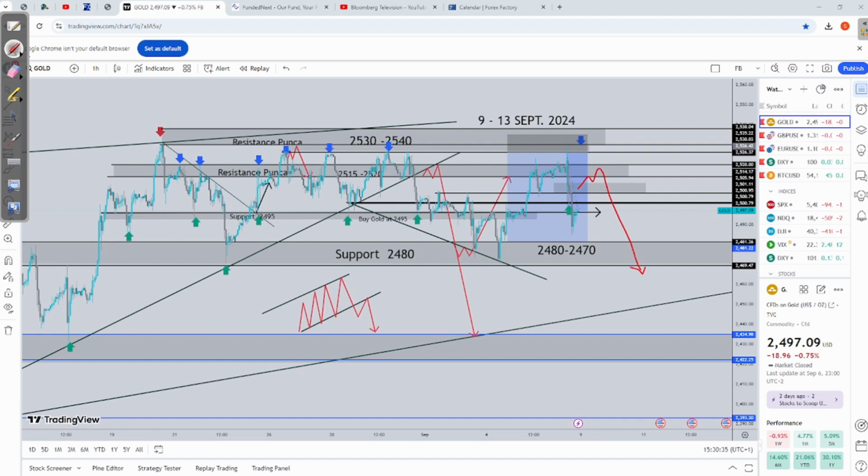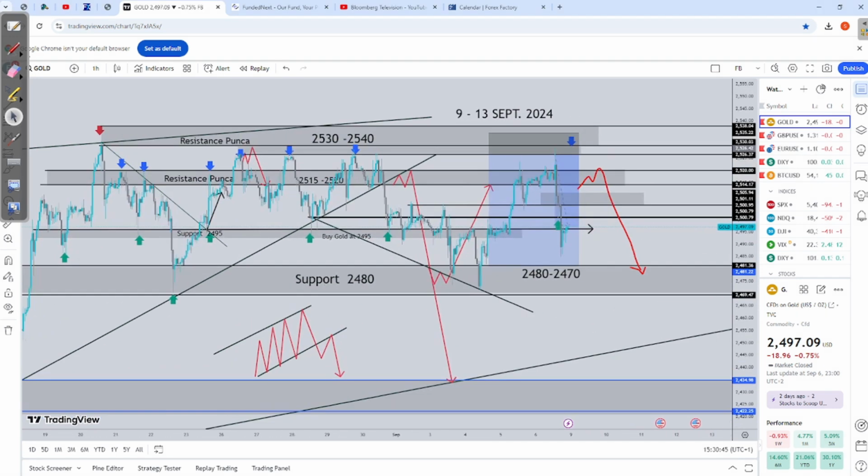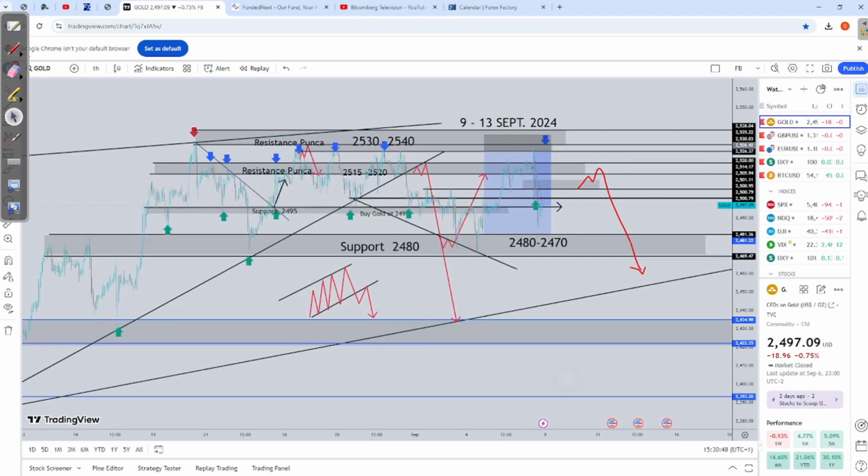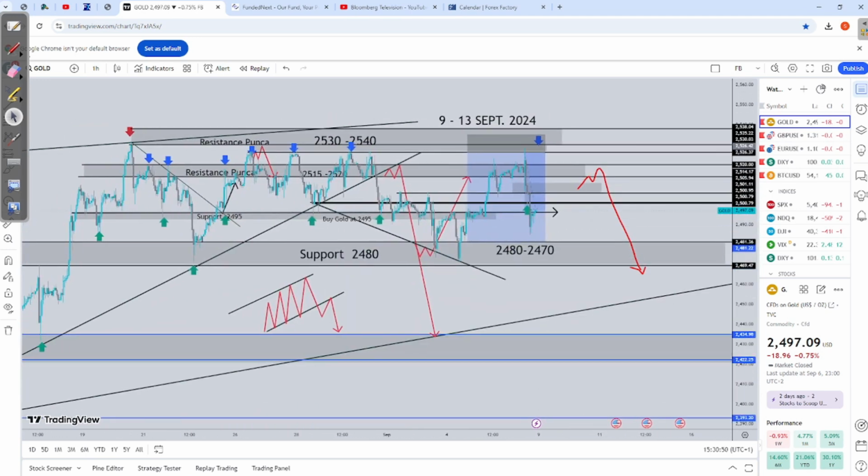If there is anything to work with as far as the news is concerned, then we are going to look at the market coming all the way to this. That is, if it breaks this one, all the way down here.